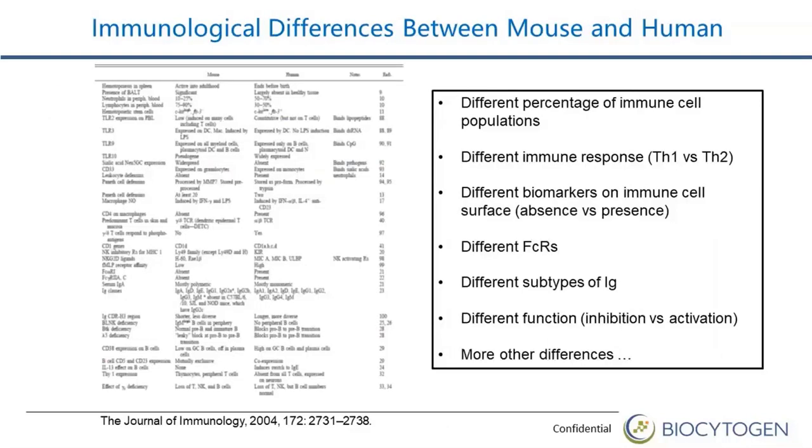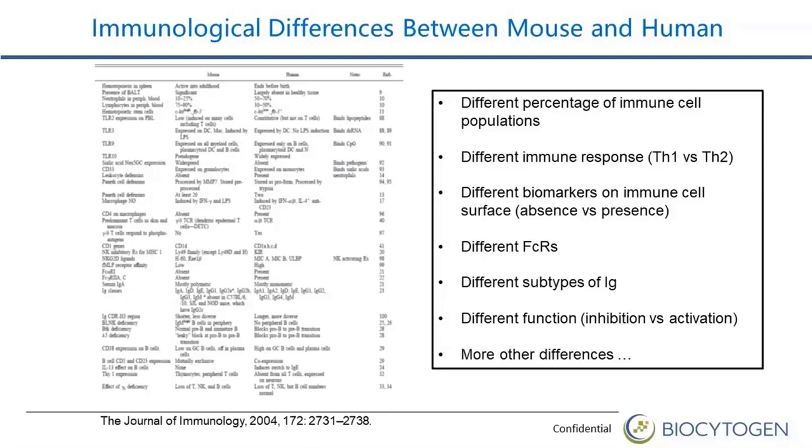There are a lot of immunological differences between mouse and human, as indicated in this publication. As I summarize, the percentages of immune cell populations differ between mouse and human.